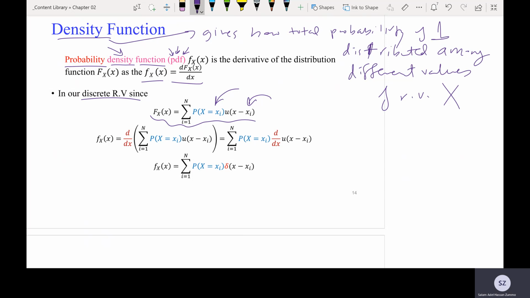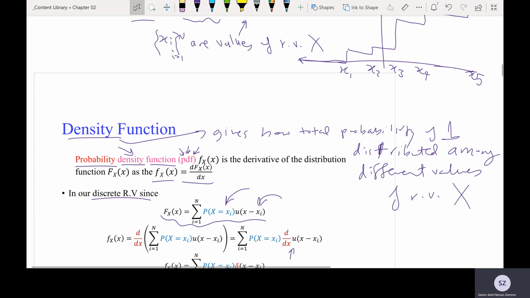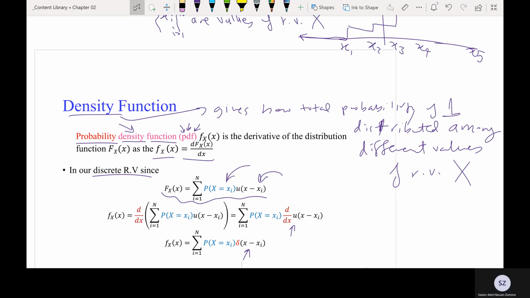Step functions, right? So what do I get if I differentiate a step function? Delta functions. So in our example, if I differentiate it, what do I get?